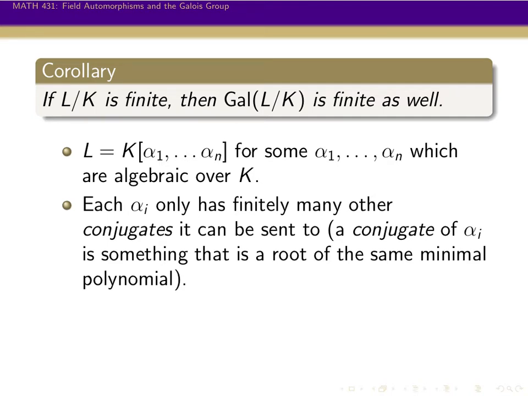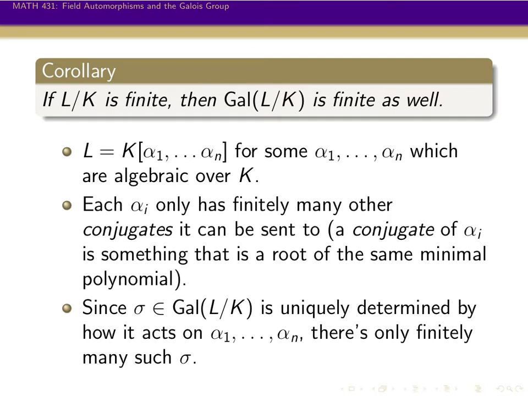Alpha i can only be sent, for a K automorphism, to something else that is the root of the same minimal polynomial over K. So there's only finitely many places for alpha i to go. Well, since any element of the Galois group is uniquely determined by what happens to alpha 1 through alpha n, and each of them only has finitely many places to go, well, at this point, this is just sort of like a probability problem, right?